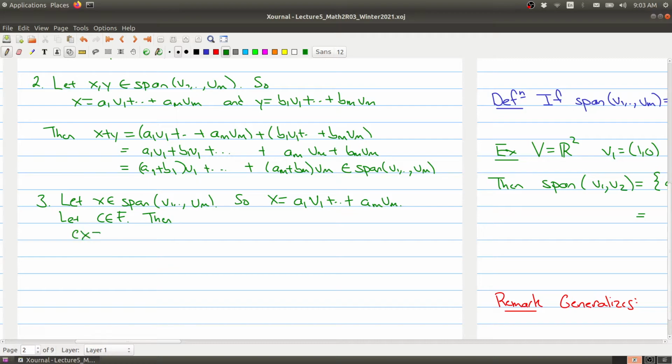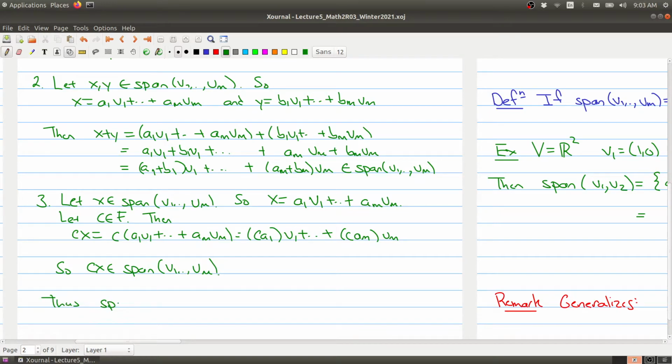Then cx is equal to c times (a1 times v1 up to am times vm). We use our distributive property for vector spaces, so you can regroup all of this as c times a1 times v1 up to c times am times vm. And you notice that this last expression is a linear combination of v1 through vm, so cx is also in the span of v1 through vm.